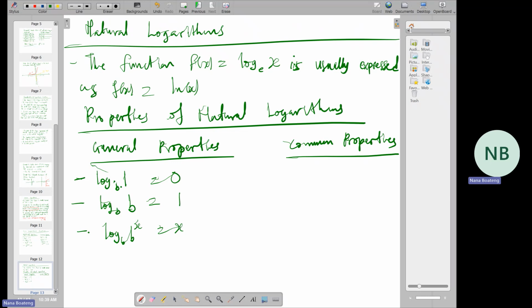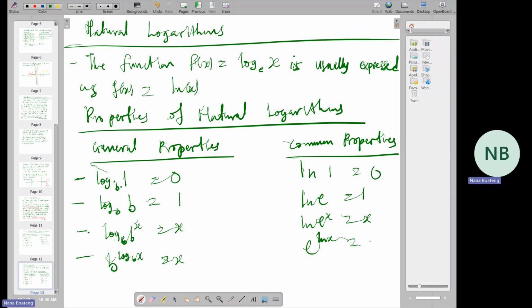Log to the base b of b to the power x is equal to x, and b to the power log to the base b of x is equal to x, and their corresponding natural forms. So ln of 1 is equal to 0, ln of e is equal to 1, and ln of e to the power x is equal to x, and e to the power ln of x is equal to x.